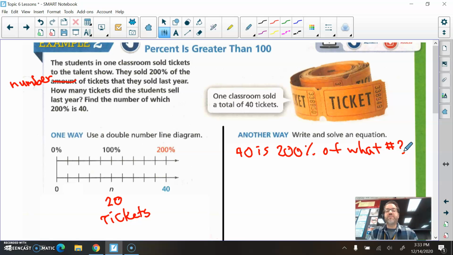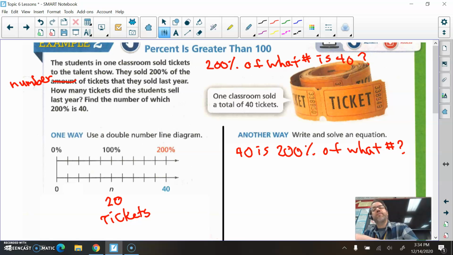That's one way you could say it. Or you could say it the other way around. You could say 200% of what number is 40. You could say it either way.